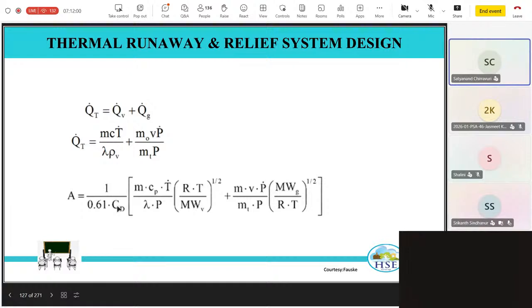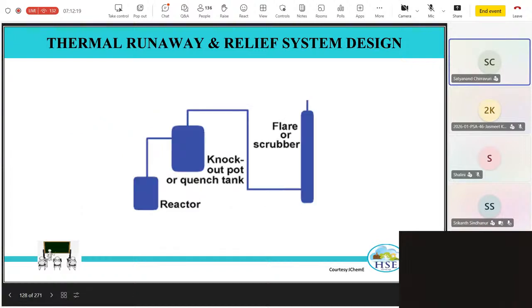You have to calculate the area of the vent, what sort of area is required, because the vapor has to escape at those conditions wherein you had an actual runaway. Then you collect it in a dike system, convert it to a knockout pot, and the further release of vapors is done through a flare or a scrubber.